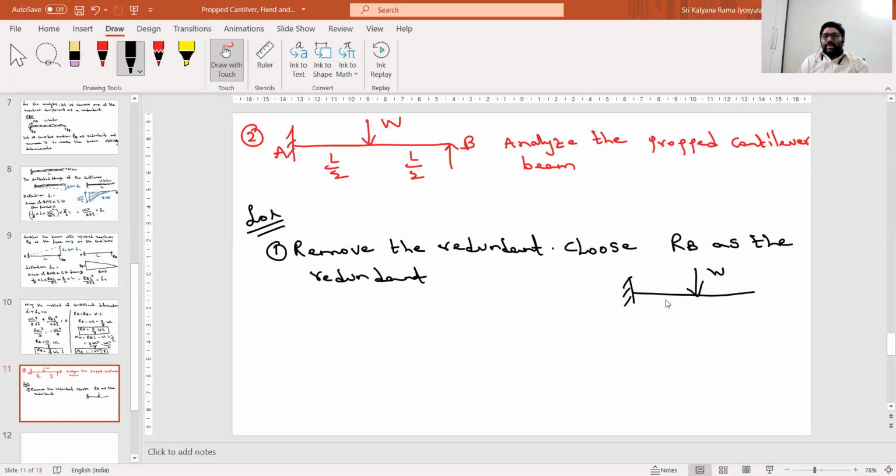One is this W, L by 2, L by 2, where we will get the bending moment diagram with a peak of W into L by 2. This is the bending moment diagram.